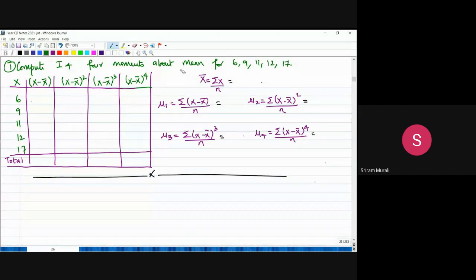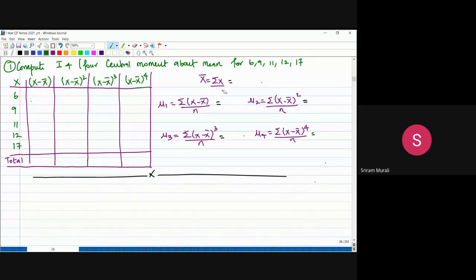Four moments about mean or central moments, both are the same. Compute the first four central moments about mean for 6, 9, 11, 12, and then 17. Just take 6, 9, 11, 12. You know what the formula is? Write down the formula.